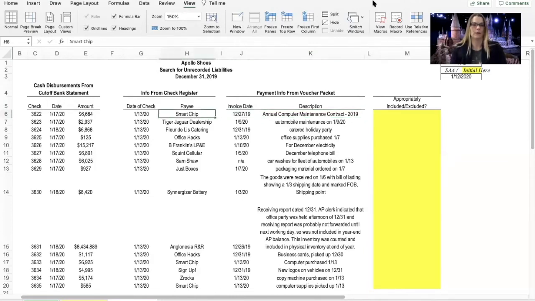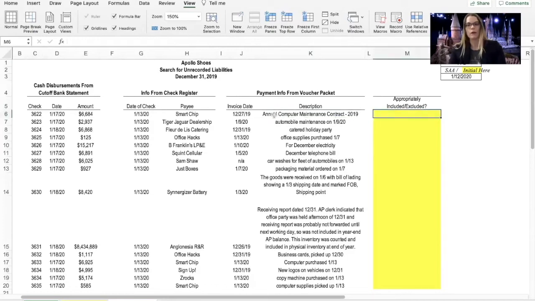So for example, this first cash disbursement in January, I can see here, yes, the check went out in January, but the invoice was dated December, which doesn't necessarily mean anything because I need to see what it relates to as well. So it relates to an annual computer maintenance contract for 2019. So 2019 is my year under audit. 2020 is when the check actually goes out.